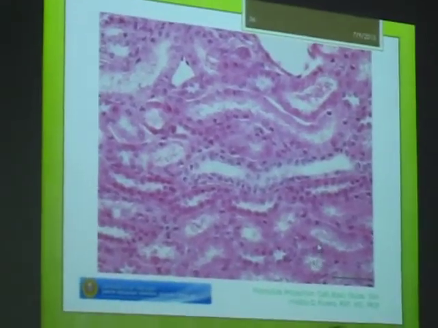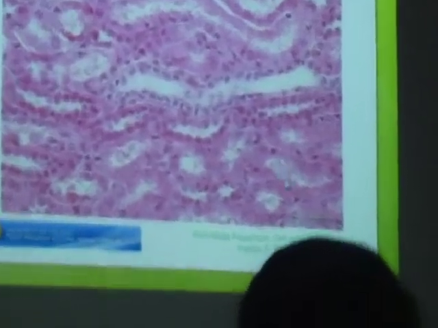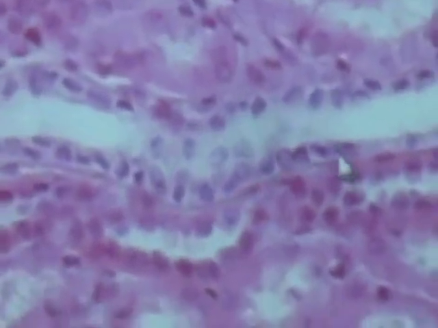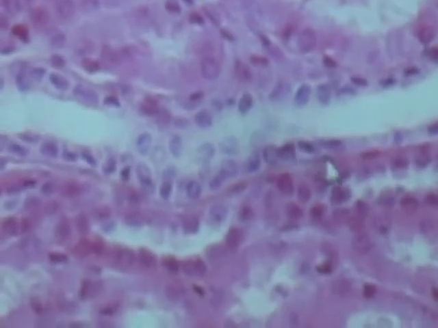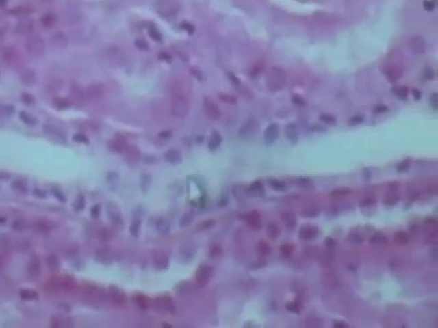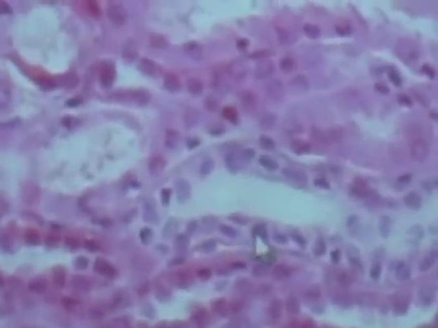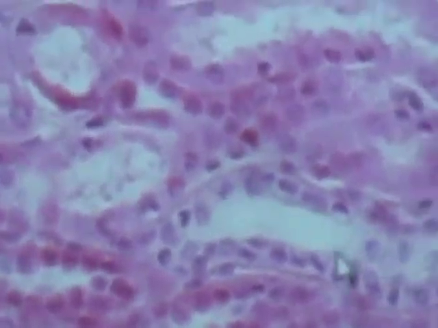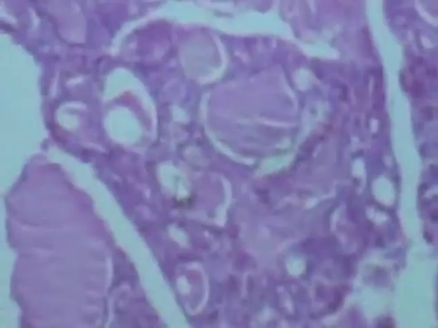These are simple cuboidal epithelium with brush border, this type. But the distal convoluted tubule is just simple cuboidal epithelium. And you see the shape in one layer.